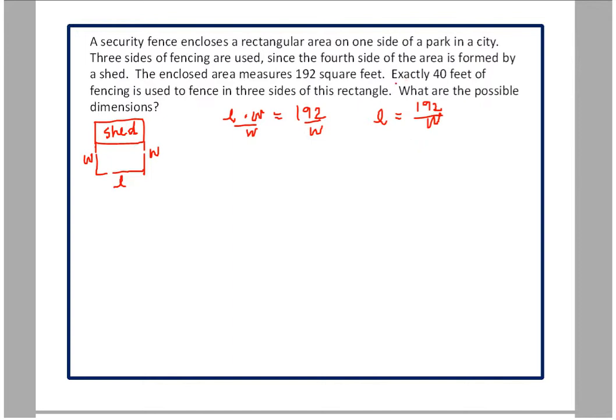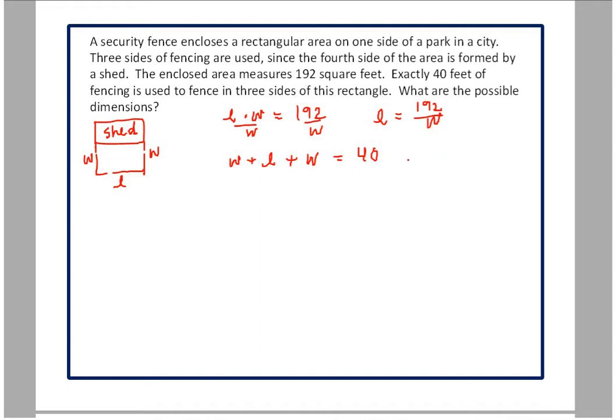Now we also know that exactly 40 feet of fencing is used to fence in the 3 sides. So if we're going to add up all the sides that we're using, we have a W plus an L plus a W, and that has to equal 40 feet. So we're going to take what we originally found up here, that L equals 192 over W, and substitute it in for the L here.